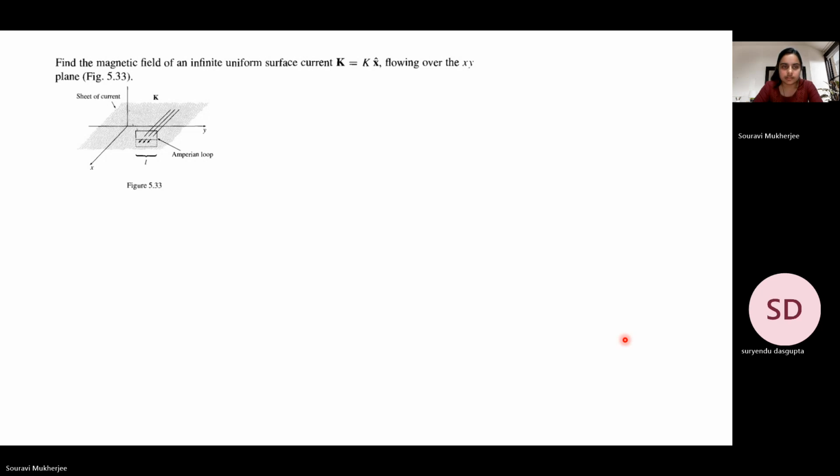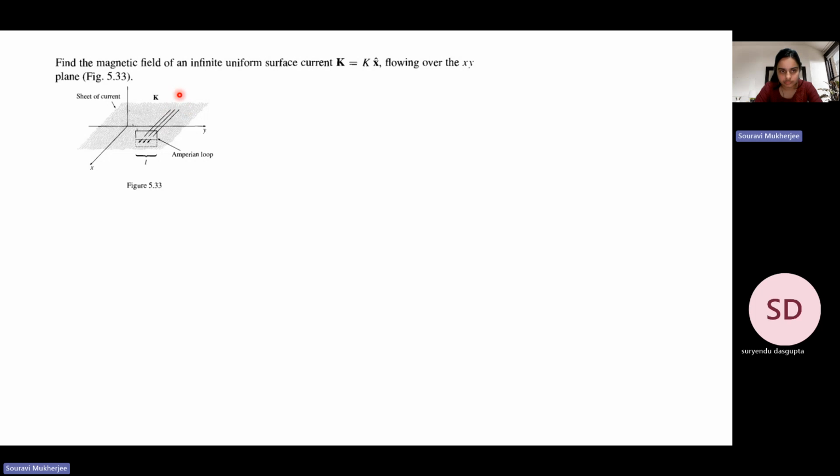Now, based on what we have discussed so far, let's try to answer this question. Find the magnetic field of an infinite uniform surface current K flowing over the XY plane. So this is your XY plane, and this is where your current is flowing.